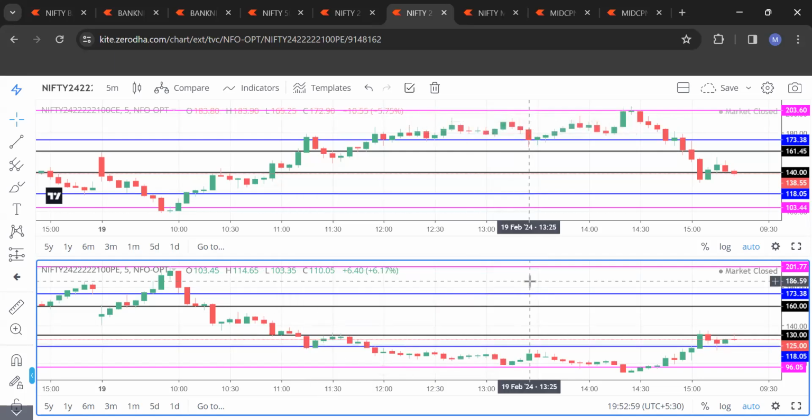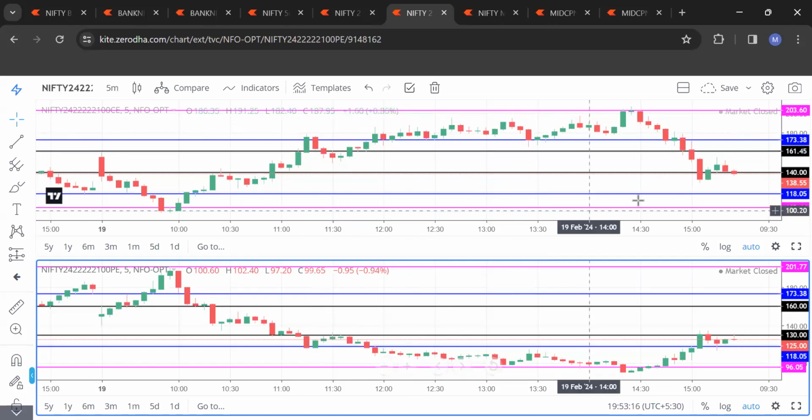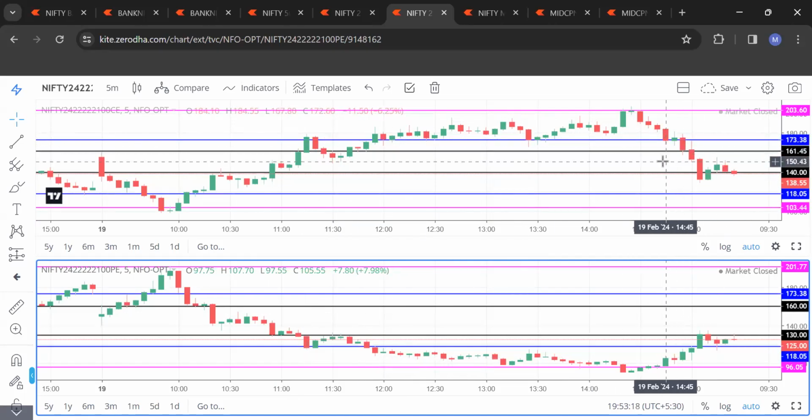Now see, you will find amazingly that whenever this has closed at 173.38, the counterpart has closed below this. Then the trade continued, and when it came below 173.38, that's the precise time when they started rising from 105 to 134.